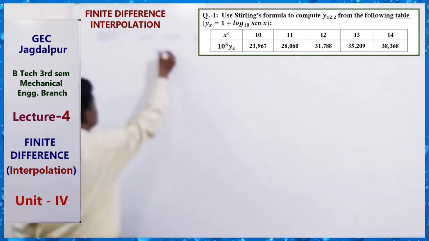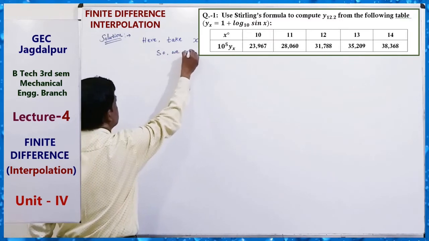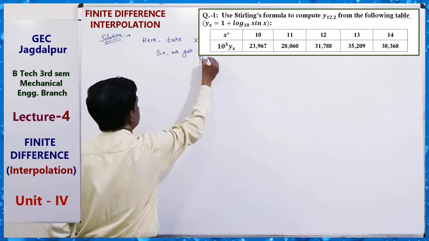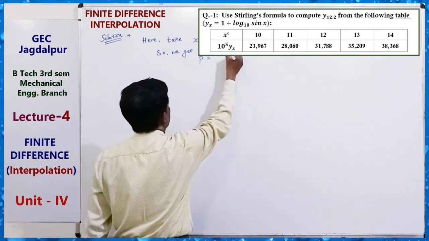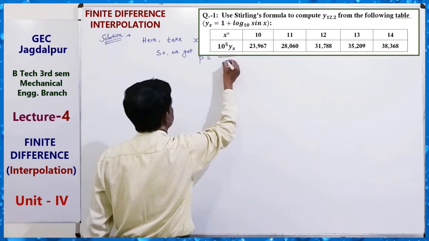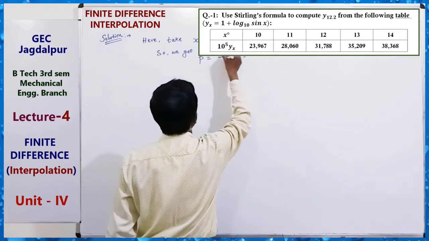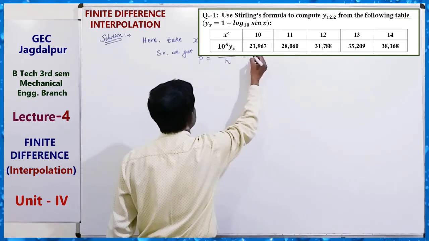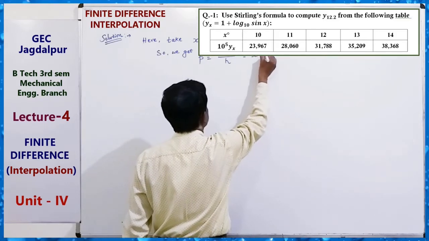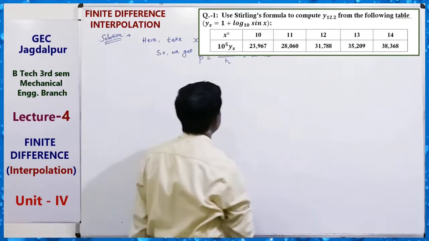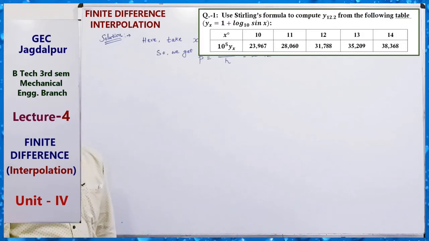So we get p, which you have to find. p equals x minus x0 by h. h is 1, x0 is 12, so p is x minus 12. So the table can be prepared.